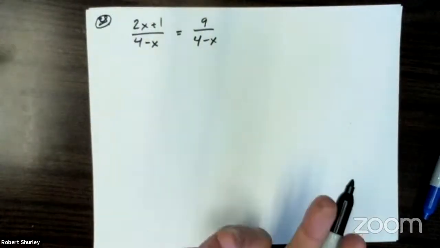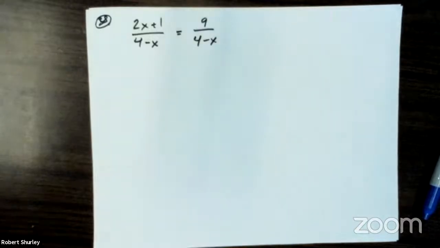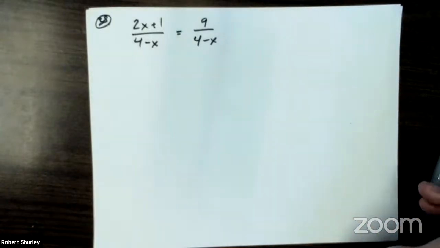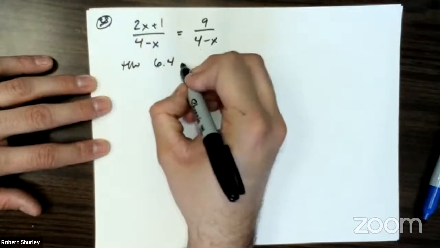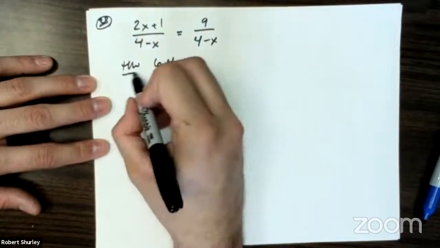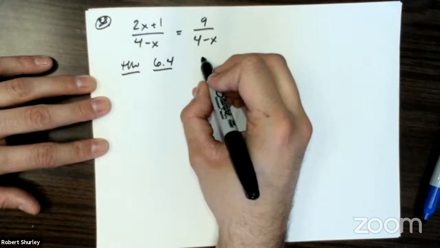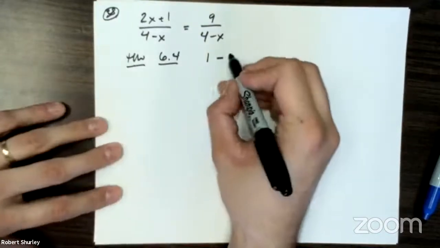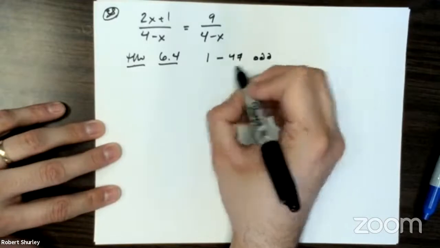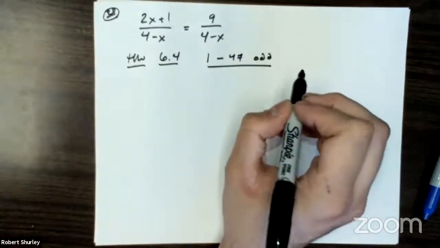Now, I'm going to tell you it's not the easiest section to do, but it's just not the longest section to lecture on. So for homework in this section, 6.4, we're going to do number 1 through 47 odd. 1 through 47 odd, 6.4.